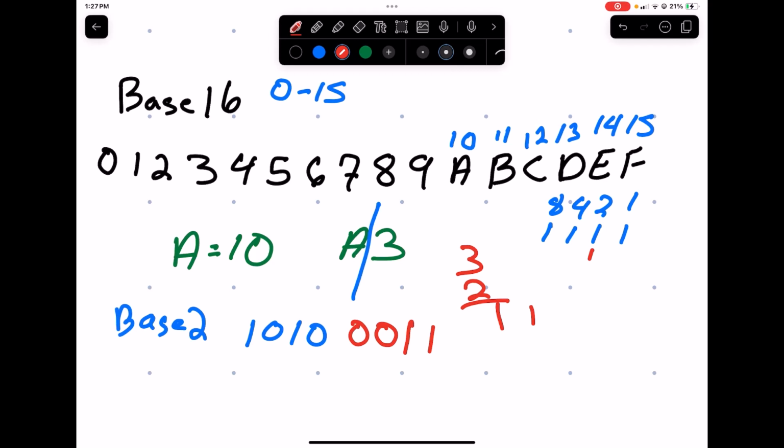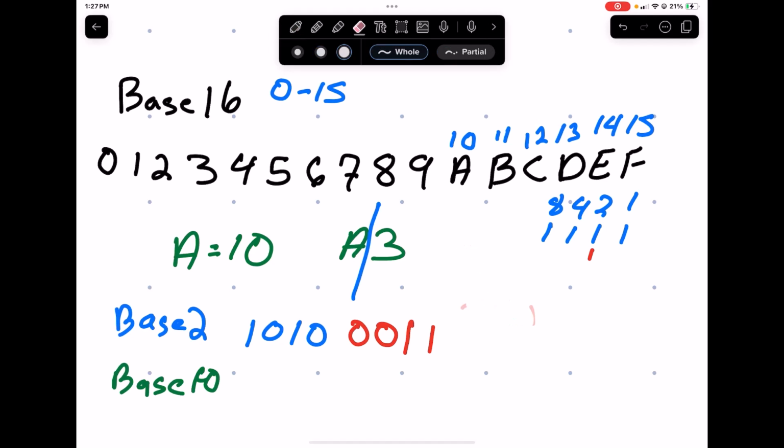Now, if we wanted to convert this answer to decimal, base 10, we need to write out all 8 bits. So let's go ahead and get some room in here. So we got 16, 32, 64, 128.